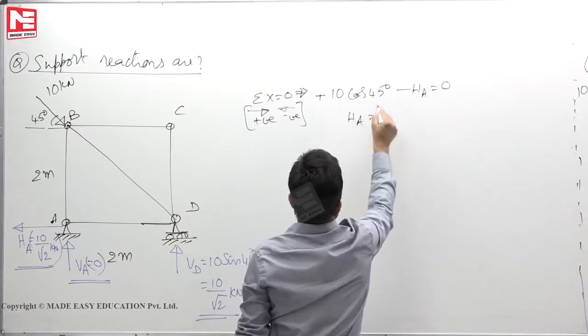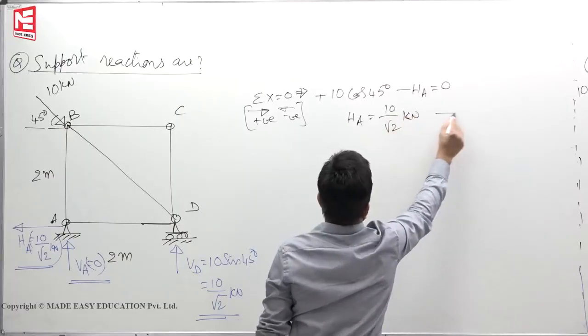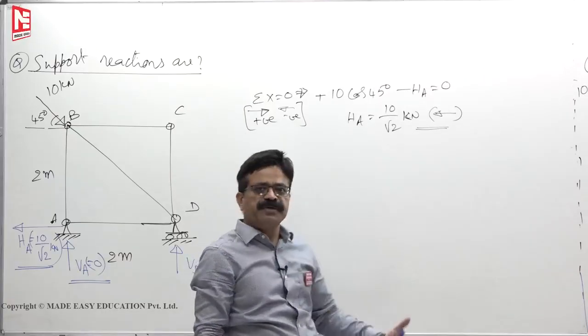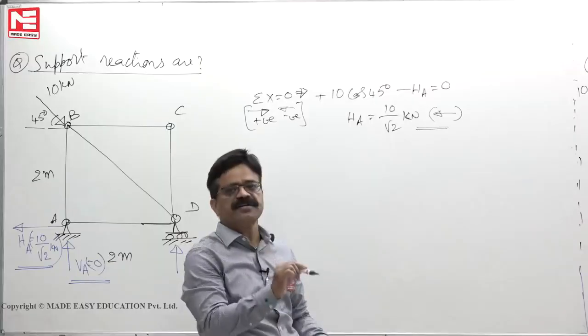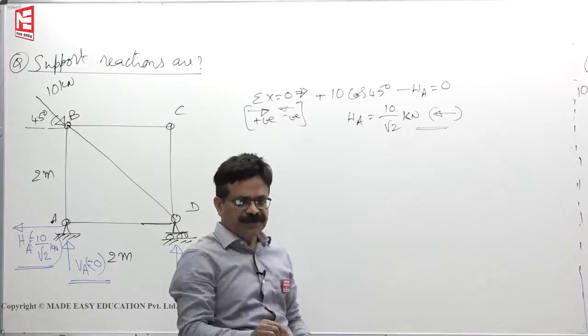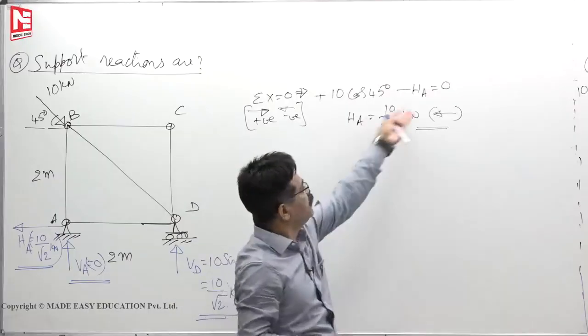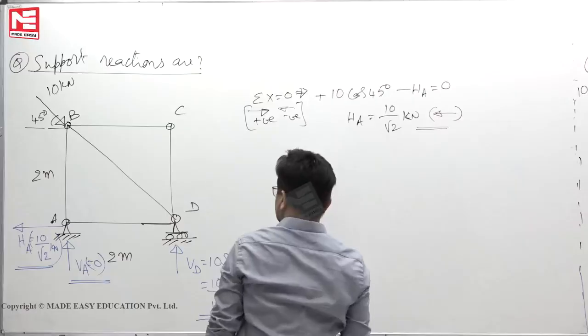So HA is 10 cos 45, means 10 by root 2, left side. Cos 45 how much? 1 by root 2, we should be able to get it. Otherwise, take the calculator, where is 10, where is cos, where is 45. Then the entire time is gone in calculating 10 cos 45 itself. Okay, 10 by root 2, over.